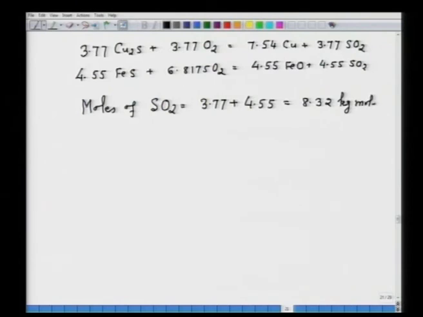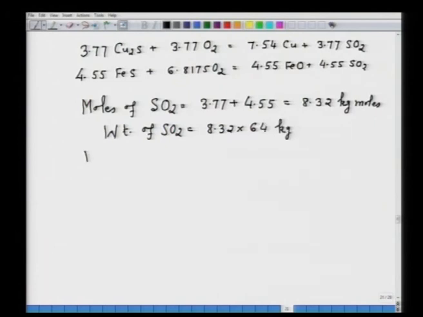Now, from here onwards you can calculate anything, moles of SO2. You can also calculate weight of SO2. If you are interested in weight of SO2 in kilogram, what you have to do? You have to multiply 8.32 into molecular weight of SO2, which is 32 plus 32, 64. So, that will be weight of SO2 in kg.